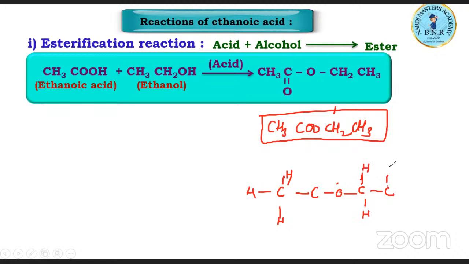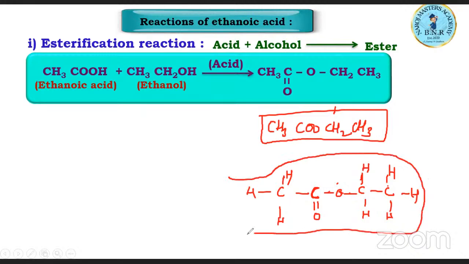And for this carbon, 3. For this oxygen, 2 bonds are fulfilled. For this carbon, how many valencies are still free? Two bonds are free. Then attach the ketone group, ketone plus oxygen, COO. CH3COOCH2CH3. What is the name of this structure? Ester. Remember always. Define what is an ester.